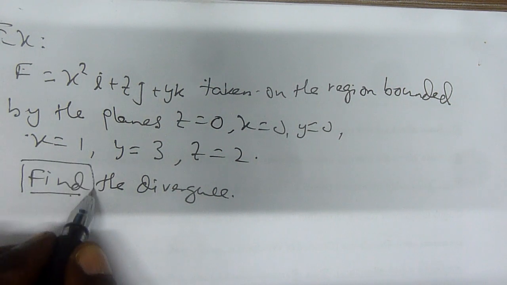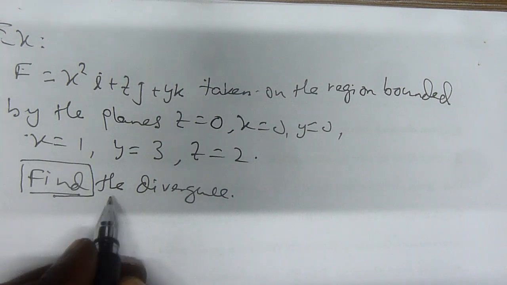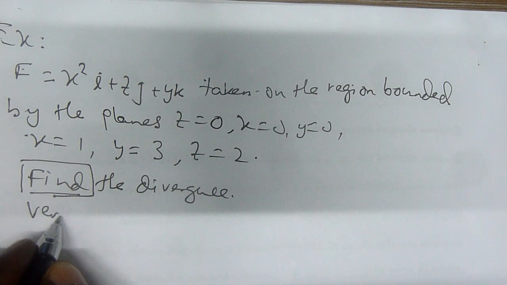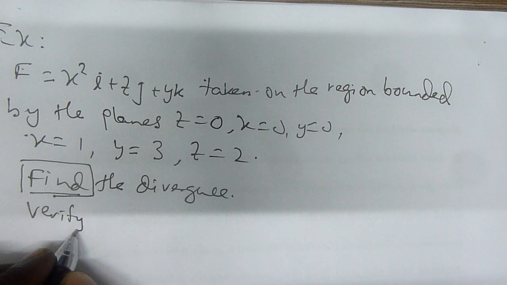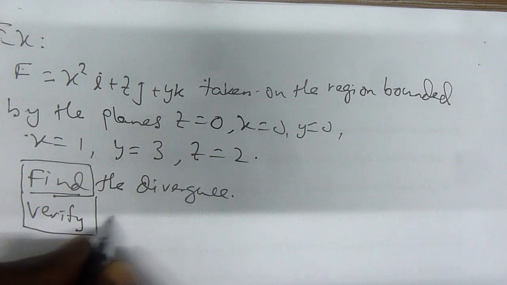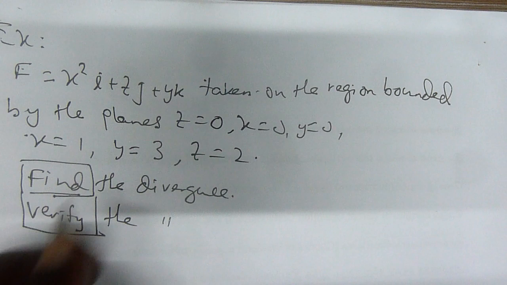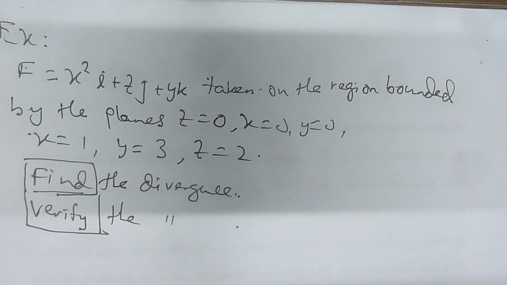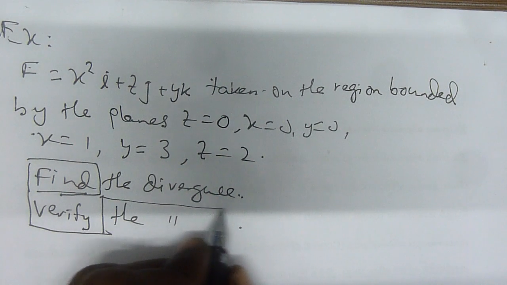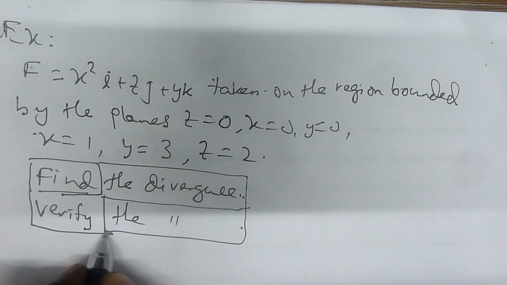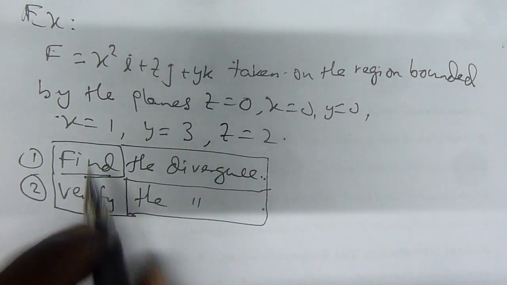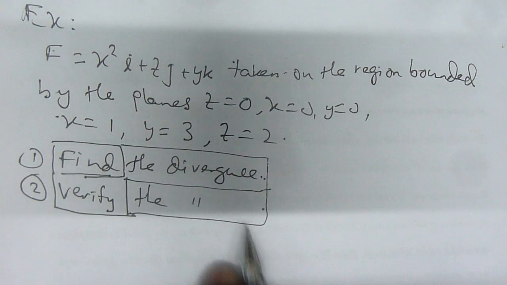I just highlight this: they may ask find the divergence, or they may ask verify or prove the divergence. Only two types of question, a pattern of two. This is number one, this is number two.